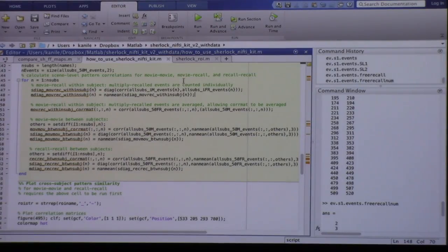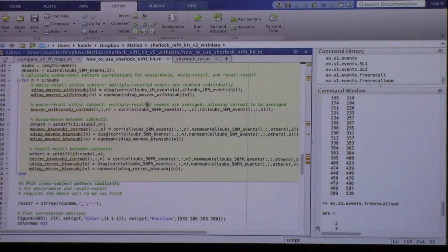And there are 2 ways that this is done. Sometimes people return to the same event during their recall. It doesn't happen a lot in Sherlock, but it happens. And you can choose how you want to handle that, right? One way is to treat each recalled event individually and say that's a different event. I'm going to calculate its own correlation and put them separately into the matrix.